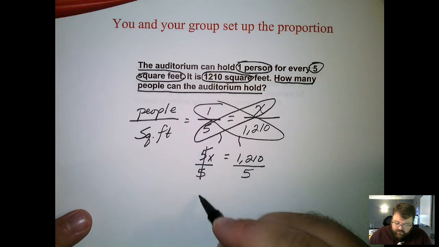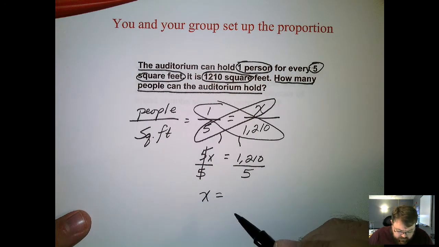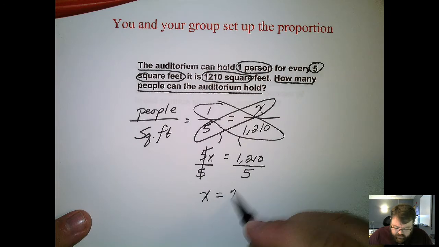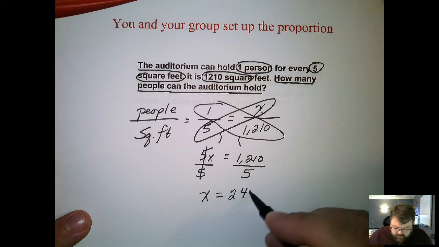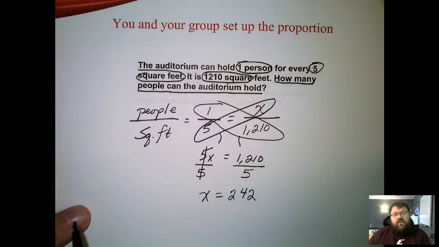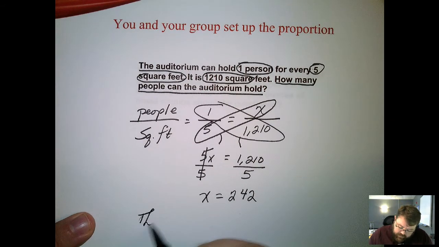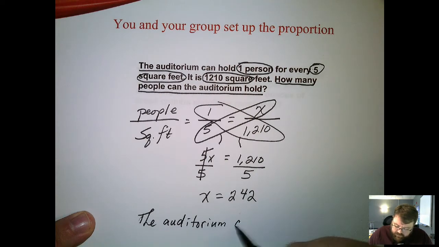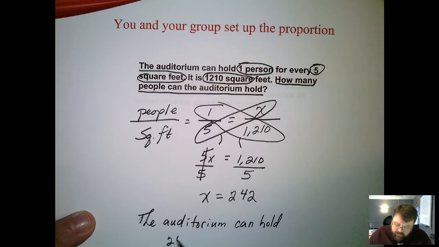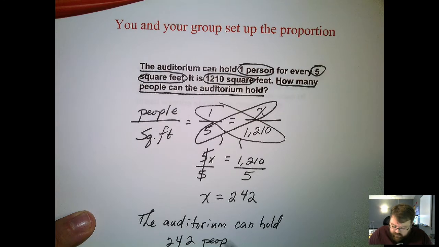The 5's cancel. X is equal to 242. Now what does that mean? The auditorium can hold 242 people.